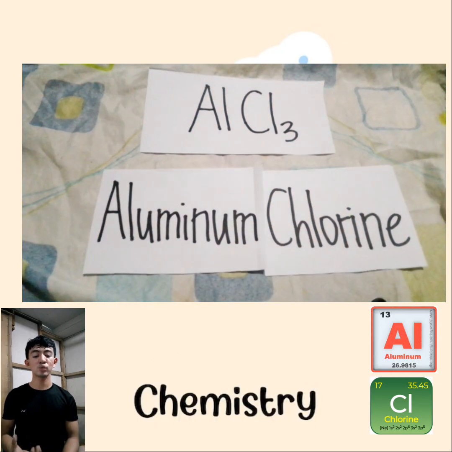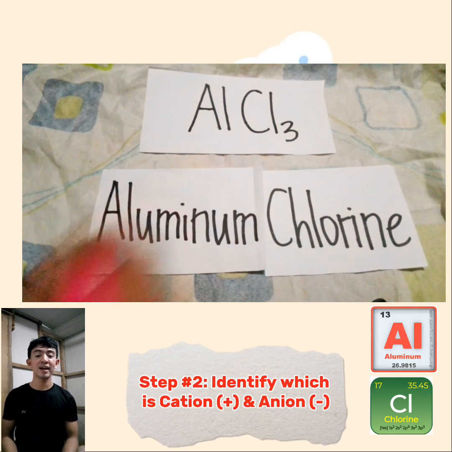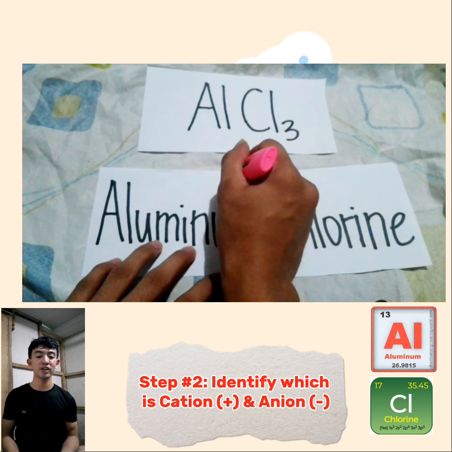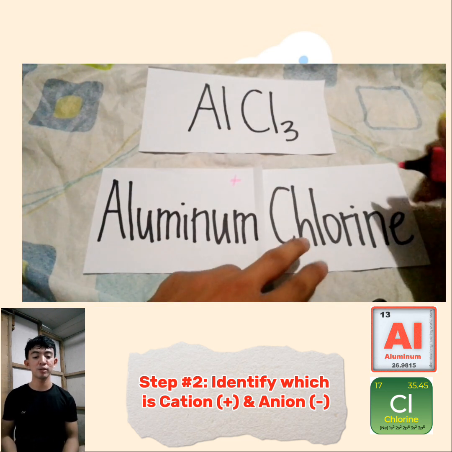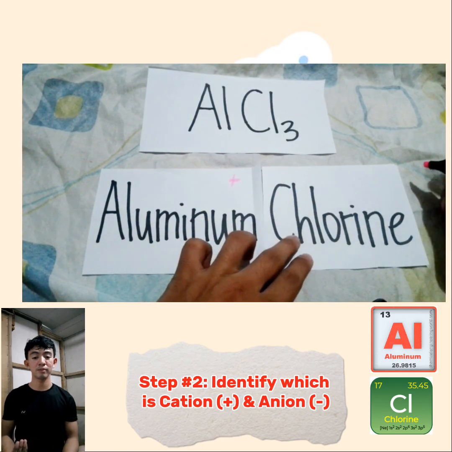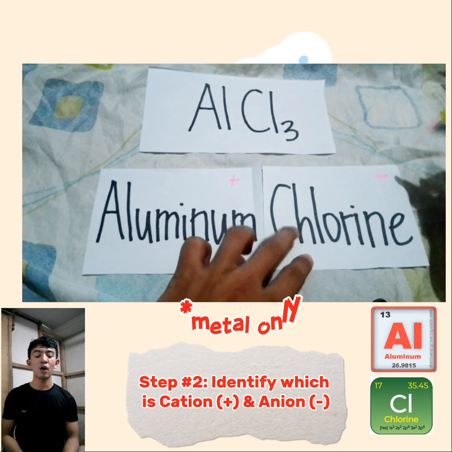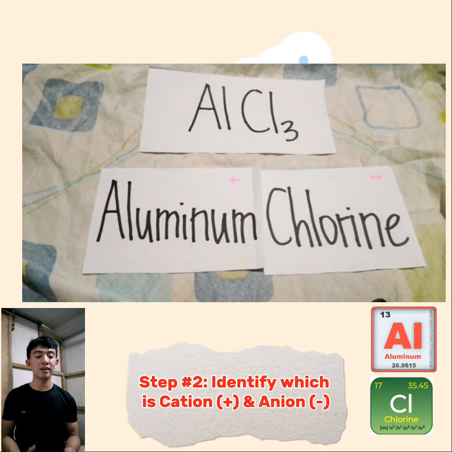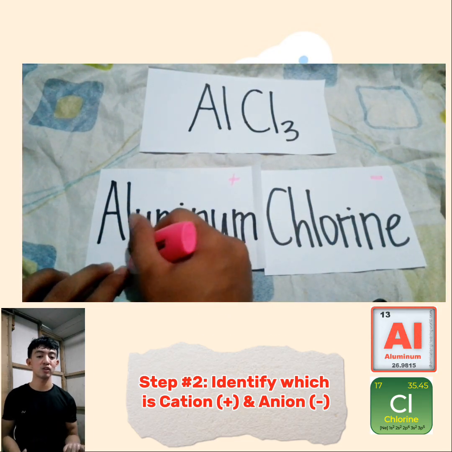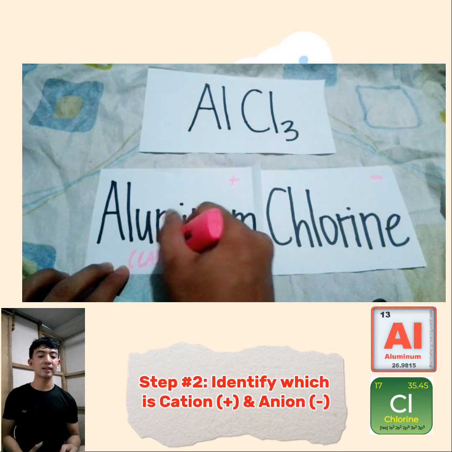Next is to identify which one is the cation and which one is the anion. For the cation, we have aluminum, since this is usually a metal or a metalloid, while the non-metal is the chlorine, and of course this is going to become the anion, since it is the one that gains the electron.